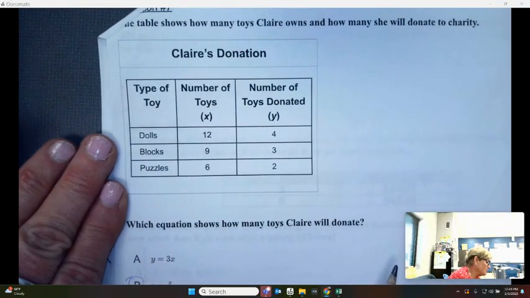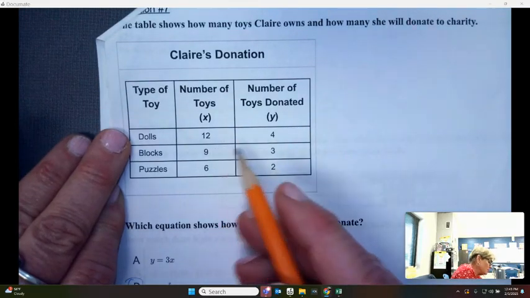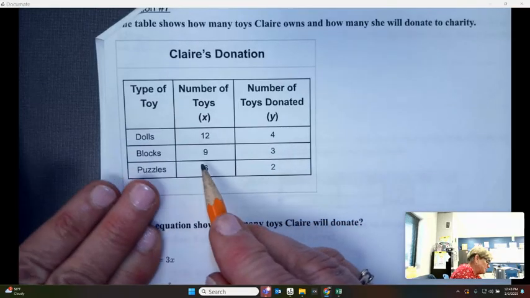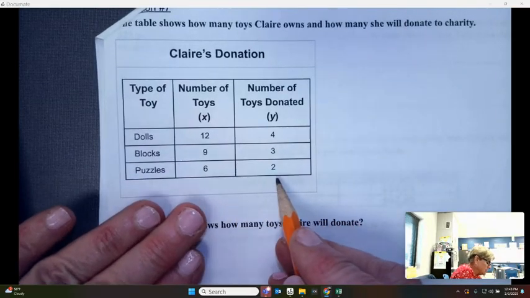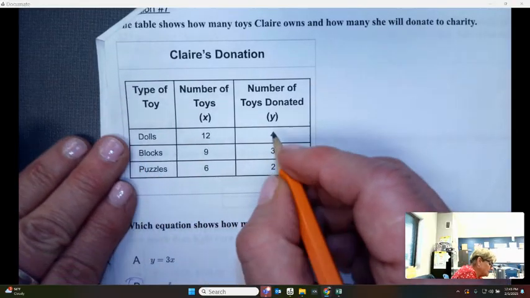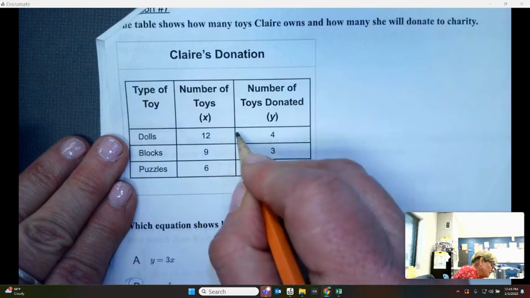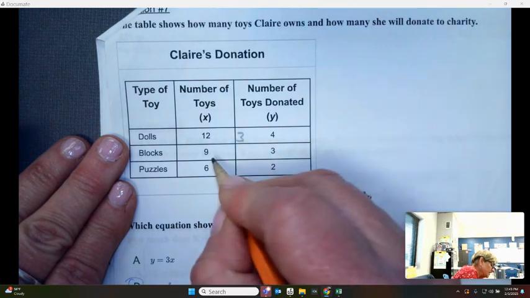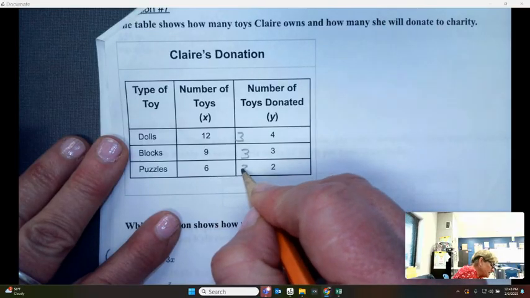The table shows how many toys Claire owns and how many she will donate to charity. So if she owns 12, she's going to donate 4. If she owns 9, she's going to donate 3. If she owns 6, she's going to donate 2. So if we look at how this is connected, 4 goes into 12 3 times. 3 goes into 9 3 times. 2 goes into 6 3 times.